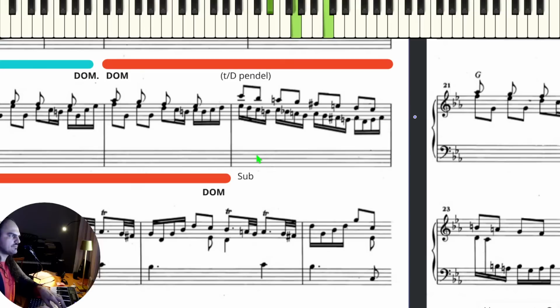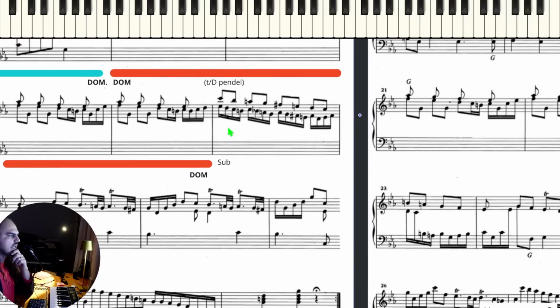So the very basic primary, the subdominant function is enough to harmonize this. This is why I label this chord as a subdominant, as the C minor in G minor.